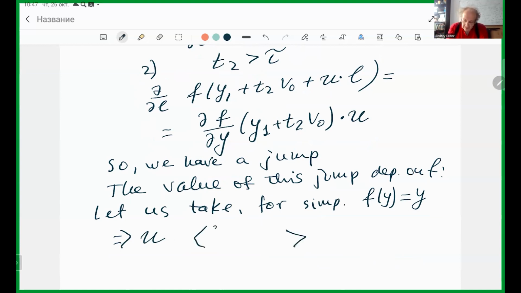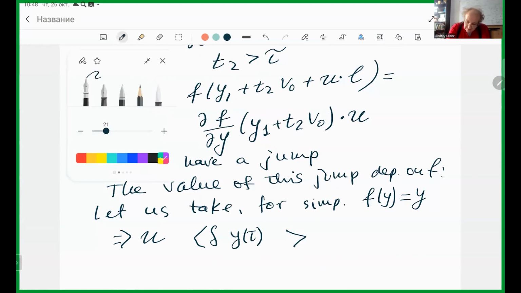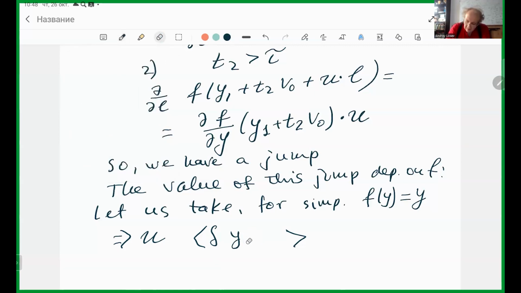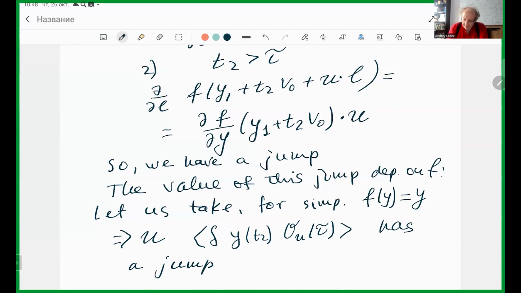So in the correlator, we have this delta, we have y of t2, and we have OU at tau as a jump. The value of this jump is u.